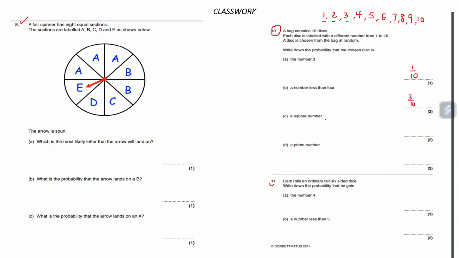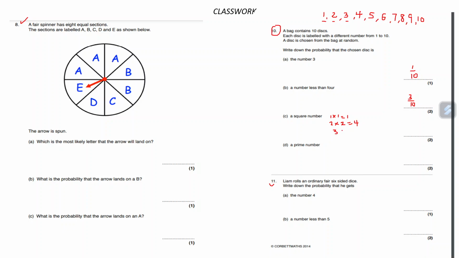A square number. Remember, square numbers are numbers such as 1 times 1, 2 times 2. 1 times 1 is 1. 2 times 2 is 4.